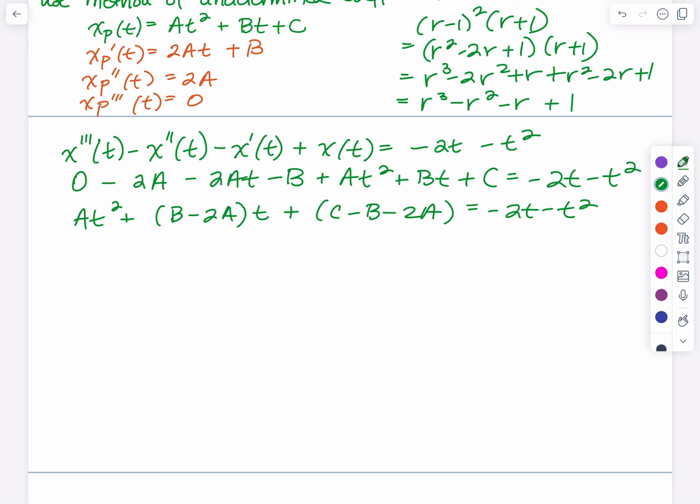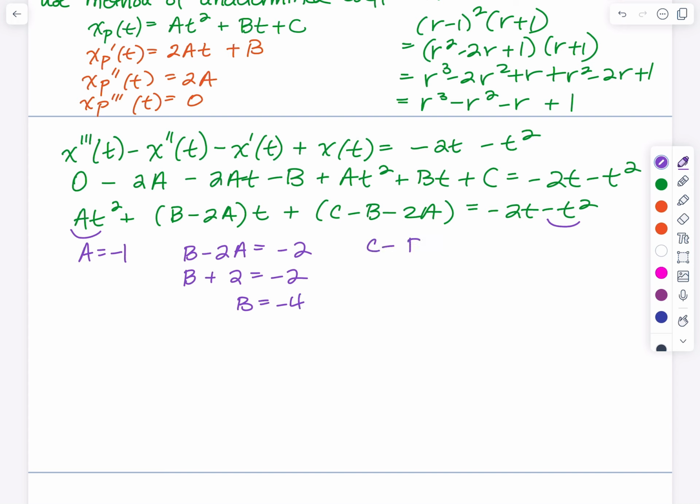So it must be that a is equal to negative 1. And we have that b minus 2a is equal to negative 2. And we can plug in a is equal to negative 1 and b is equal to negative 4.